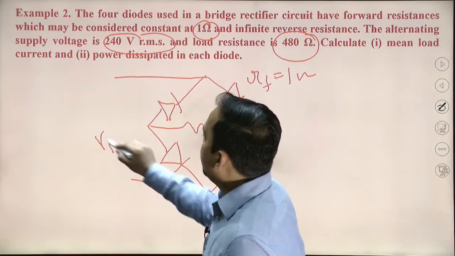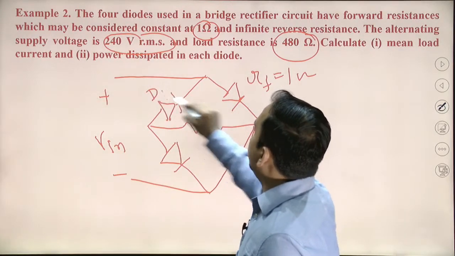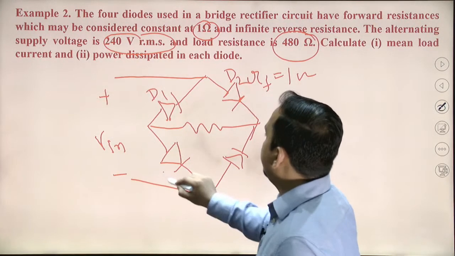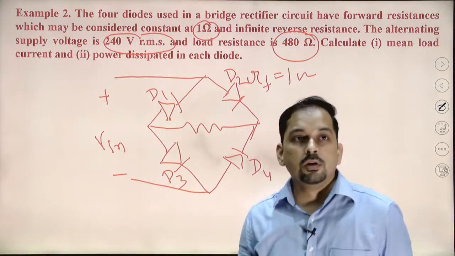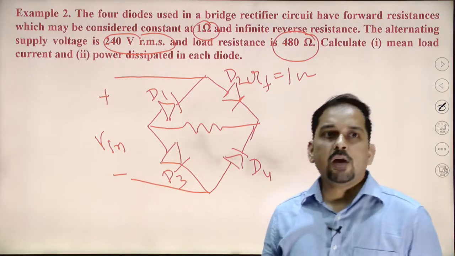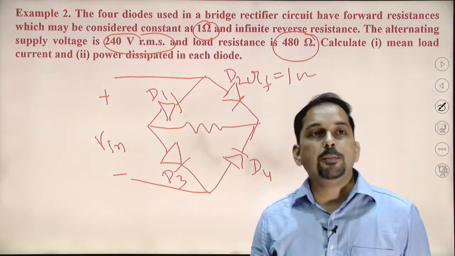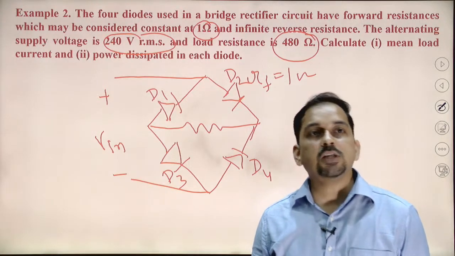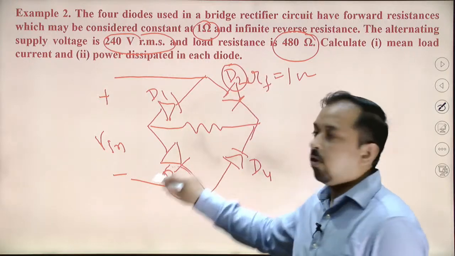During the positive half cycle, diode D2 and diode D3 are on, whereas diode D1 and D4 are off. So when diode D2 and D3 are on, we get a resistance RF for diode D2 and RF for D3.